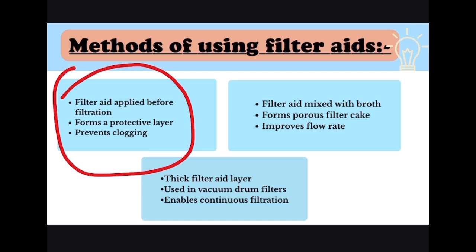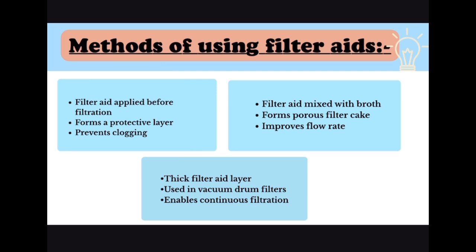The second method is that the filter aid is mixed with the suspension directly before filtration, and it forms a porous filter cake, useful for very fine and gelatinous particles. The third and last method is where a thick filter aid layer is used, mainly in vacuum drum filters, where the used surface is continuously scraped off, allowing continuous large scale filtration.